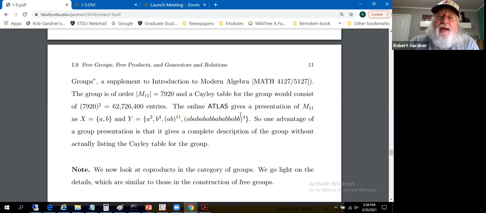The online atlas gives a presentation of M11 with two generators A and B, and here's the set Y that determines the relations. A squared equals the identity, B to the fourth equals the identity, AB to the 11th equals the identity, and this thing here to the fourth power equals the identity.